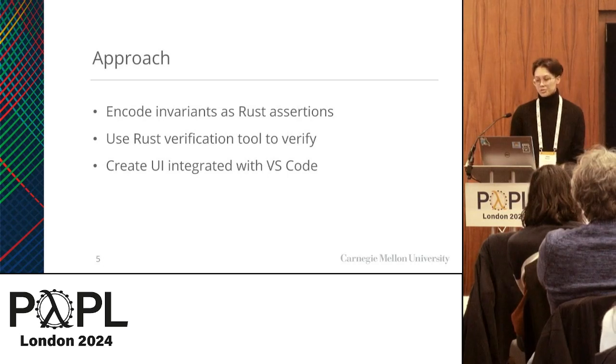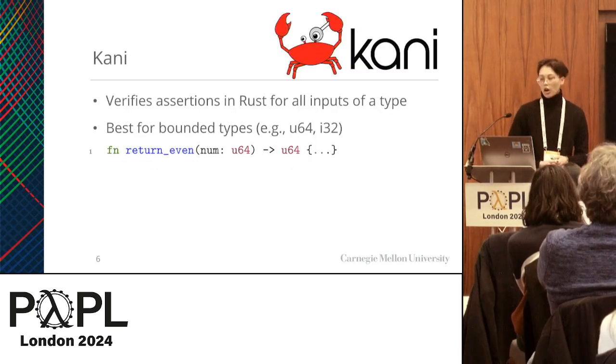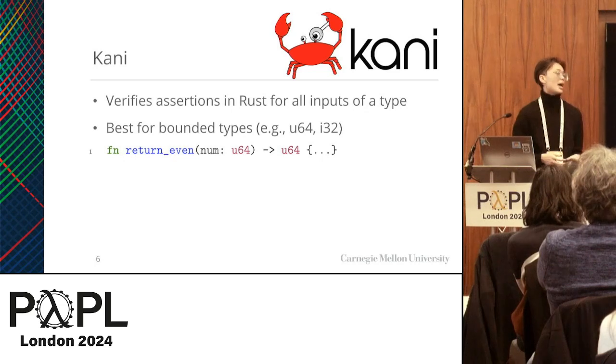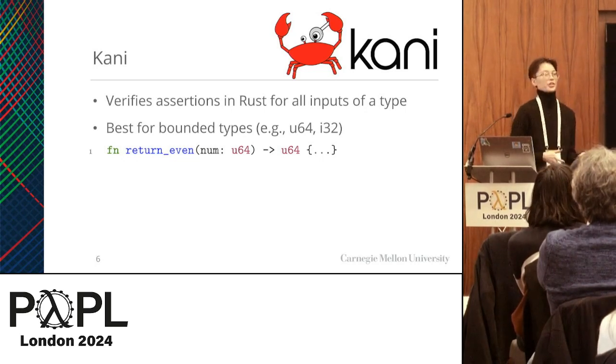Since we had to use some Rust verification tool, we decided to use Kani. Kani is a bounded model checker for Rust. It verifies assertions for all inputs of a certain type, and it's best for bounded types, like U64s and I32s. I thought I'd give a brief example of a Kani test. Say we have a function called return_even that takes in a U64 and outputs a U64.